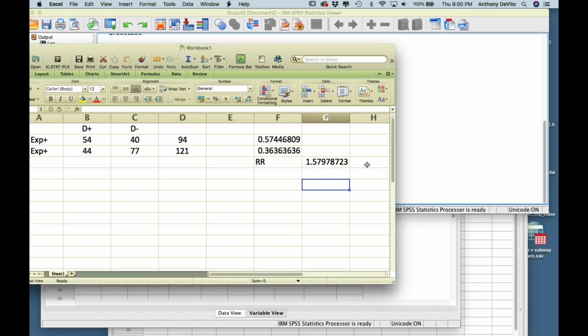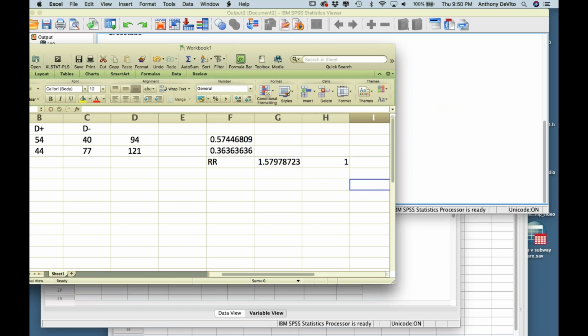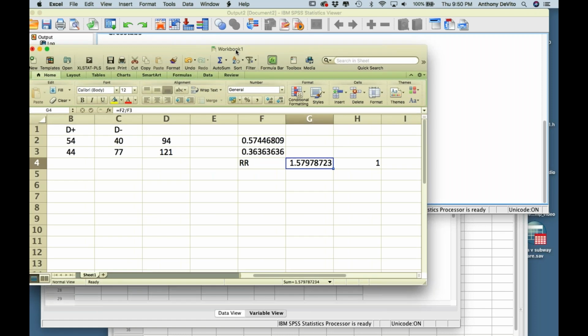But before I complicate it, I want to ask you one other thing. We would have expected the relative risk to be equal to 1. We calculated it to be equal to 1.57. But that's only in our sample. We don't know what it is really in the population. What do I need to calculate in order to really compare it to 1? To really know whether the relative risk for the entire population is different than 1.